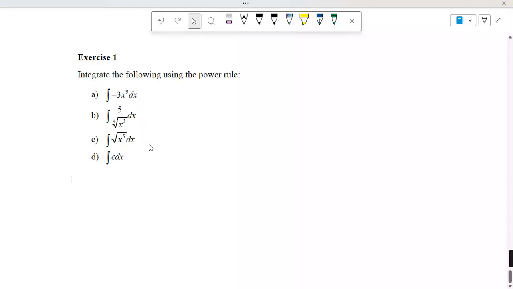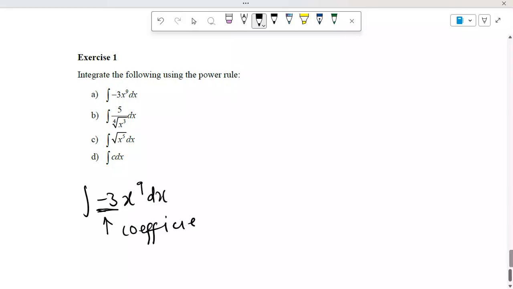Now, we have four functions, and we're told to integrate. So we are integrating negative 3 x to the power 9 dx. Very simple. We know this number is called the coefficient: a number in front of a variable.